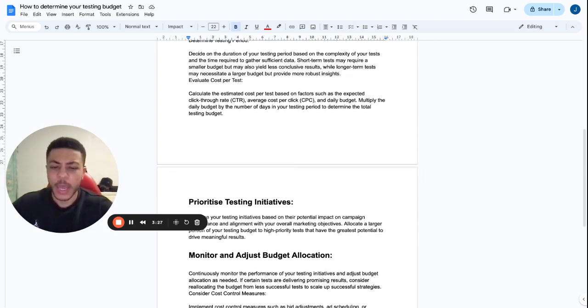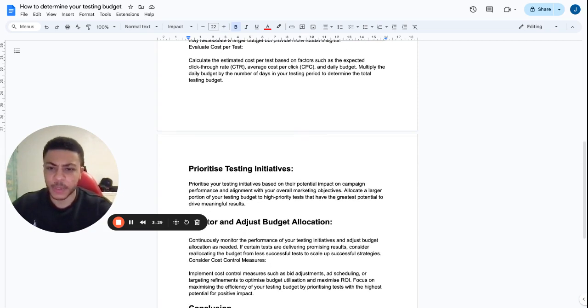Next thing you want to do is prioritize testing initiatives. Prioritize your testing initiatives based on potential impact on your campaign performance and alignment with your overall marketing objectives. Allocate a larger portion of your testing budget to higher priority tests that have the greatest potential to drive meaningful results, whatever they may be and whatever you're optimizing for.